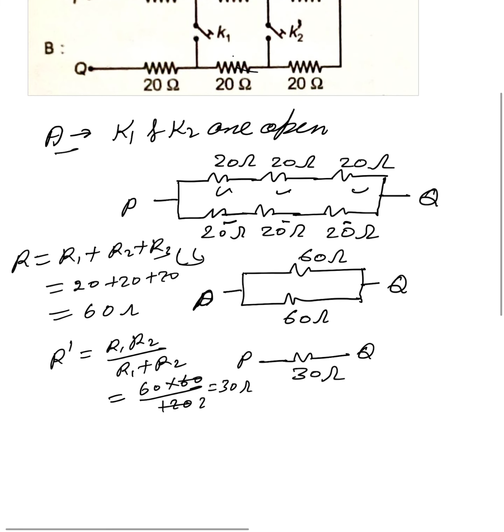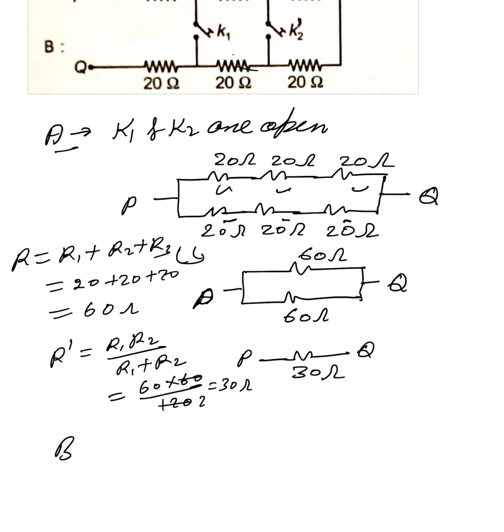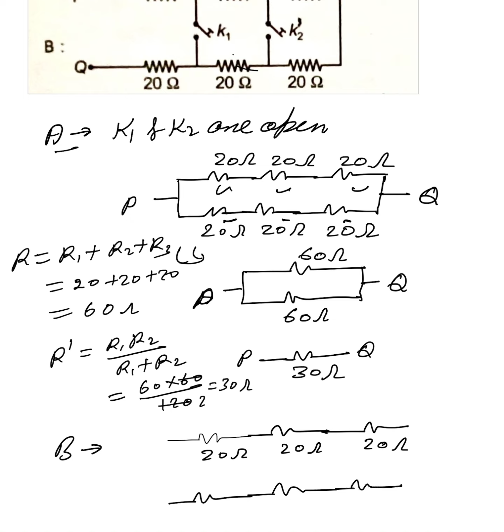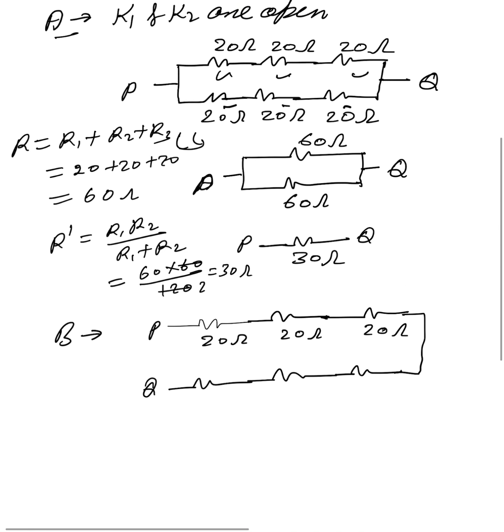Circuit second. Now we focus on B. Corresponding to B, that is 20 ohm, 20 ohm, 20 ohm, and this is also 20 ohm, and this one is also 20, also 20, and this is also 20, and that is P and that is Q. Clear or not? 20, 20, 20, 60, 60 plus 20 is 80, 80 plus 20 is 100, 100 plus 20.